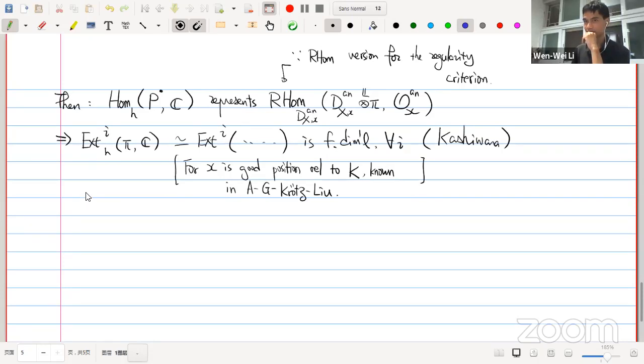So note that this Hom, before taking the stalk at x, I just take the global version here.